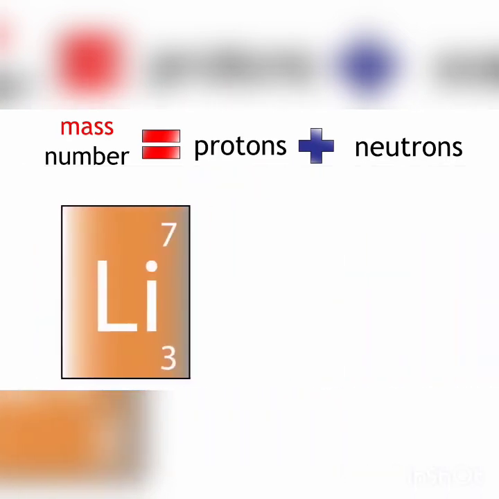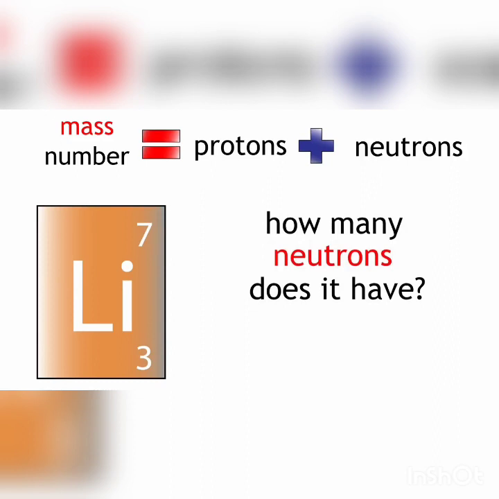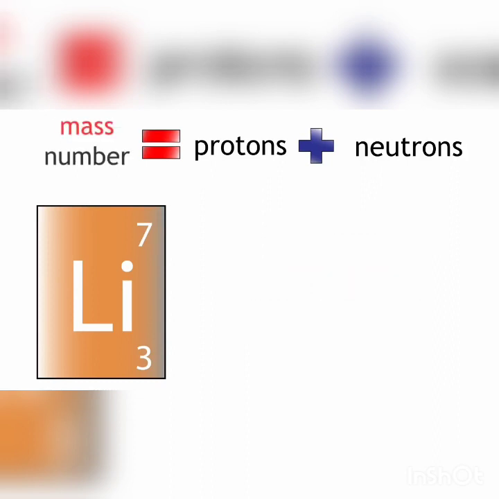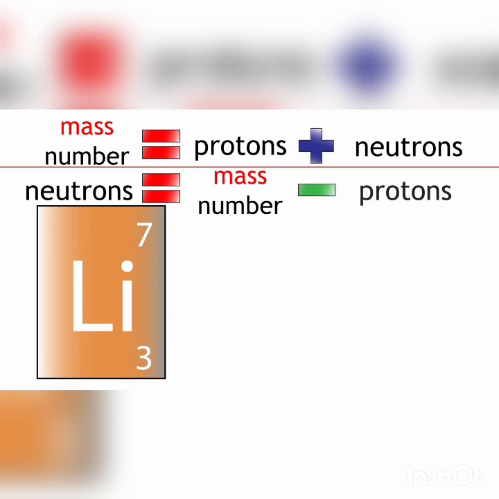Let us take another example. Lithium has a mass number 7 and has 3 protons. How many neutrons does it have? Mass number equals protons plus neutrons. We can rearrange this: neutrons equals mass number minus protons.